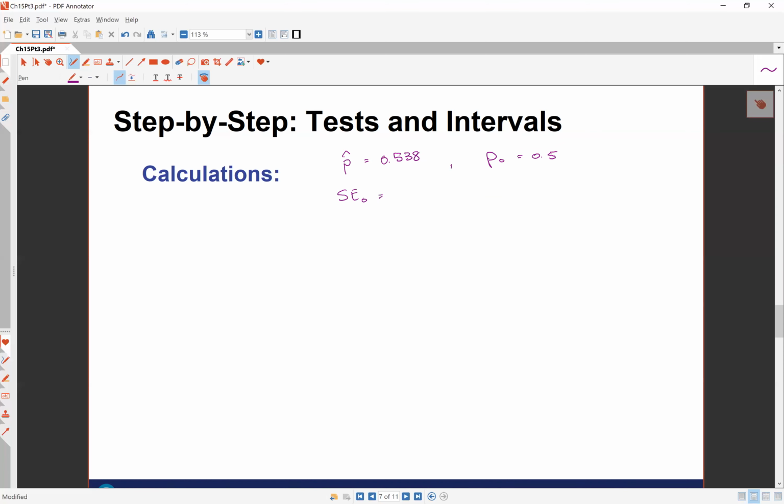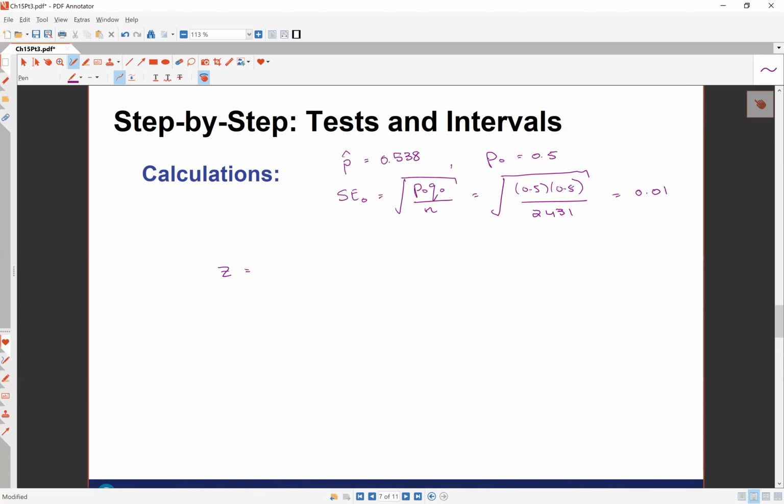This is the SE naught, the square root of p naught q naught over n. So in this case, 0.5 times 0.5 divided by the 2,431 games. And this gives us a standard error of roughly 1%.